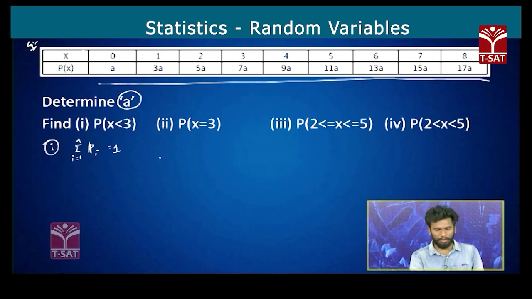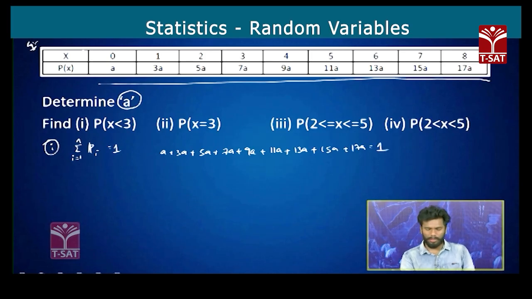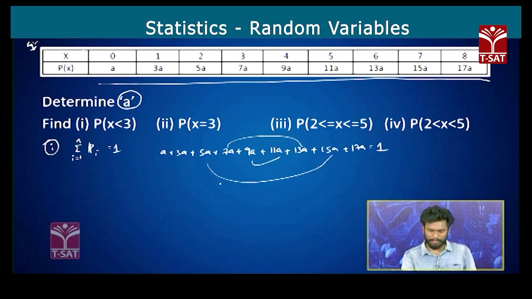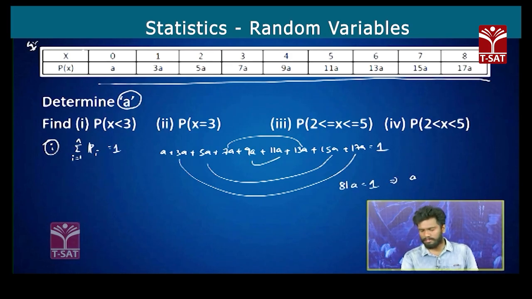Now add all the probabilities. a plus 3a plus 5a plus 7a plus 9a plus 11a plus 13a plus 15a plus 17a will be equal to 1. Now add everything. 20, 40, 60, 81. So 81a is equal to 1, a is equal to 1 by 81.